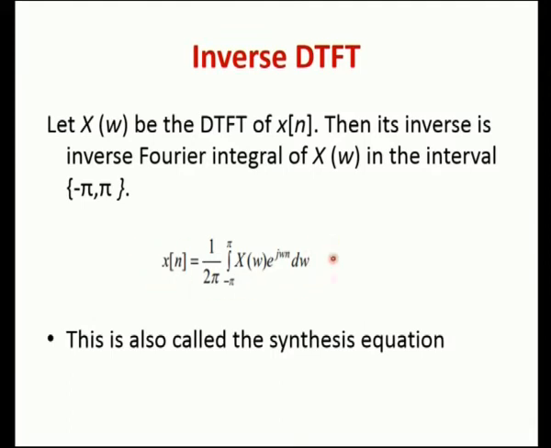So this is the formula used to calculate the inverse discrete time Fourier transform. Now we are converting frequency domain into time domain. This kind of action is called synthesis, where we obtain the discrete time signal from the frequency spectrum. This equation is called the synthesis equation.